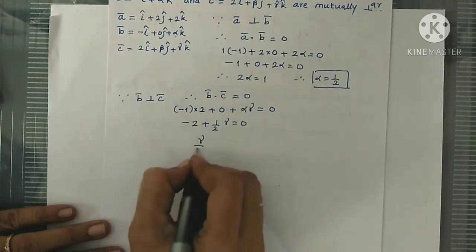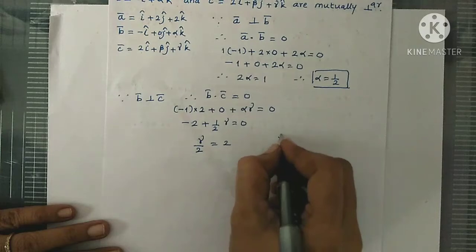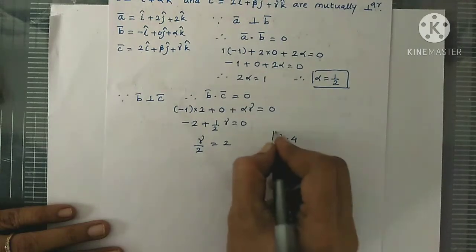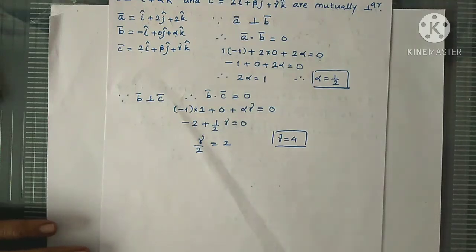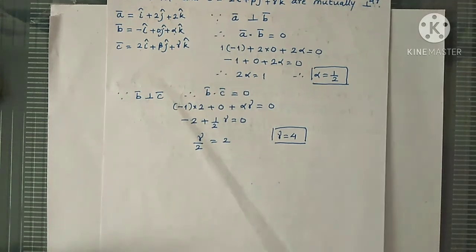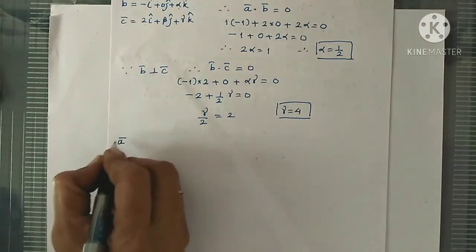That means gamma divided by 2 equals 2. Transferring this 2 to the right hand side, we get the value of gamma as 4. So we have used that a bar and b bar are perpendicular, b bar and c bar are perpendicular. Now the next one is a bar and c bar are perpendicular, so we have to write the dot product of a bar and c bar.